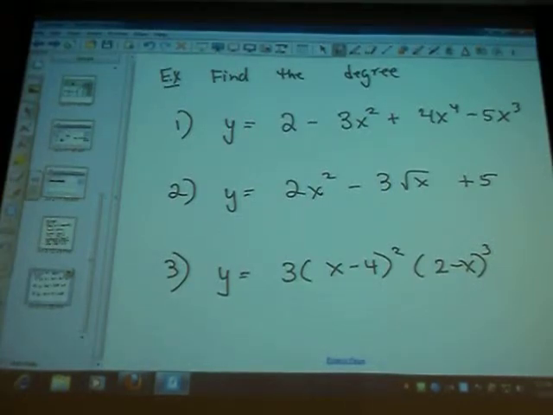So do you just want us to tell you the highest, or tell you what kind of function it makes it? The highest exponent, the degree.